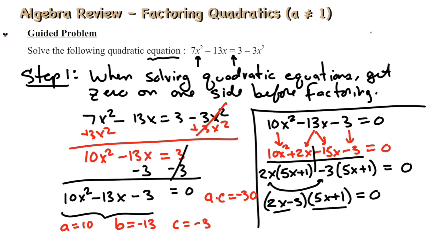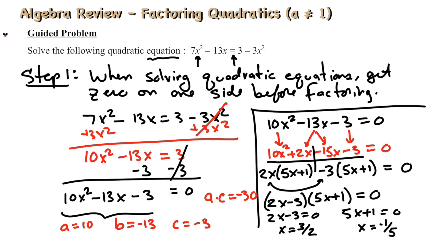The only way you can multiply and equal 0 is if one of your parentheses is 0. So we say 2x minus 3 equals 0, or 5x plus 1 equals 0. And if you solve each of these for x, you get x equals 3/2, or you get x equals negative 1/5. And those are your 2 answers.